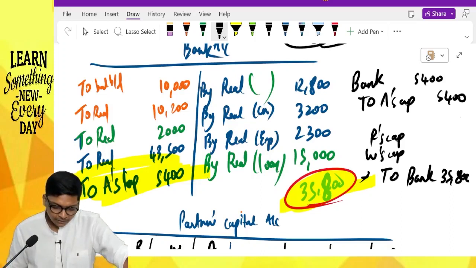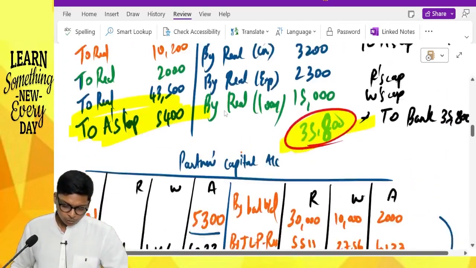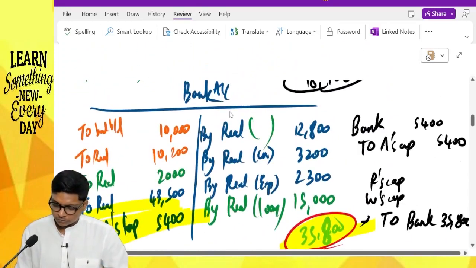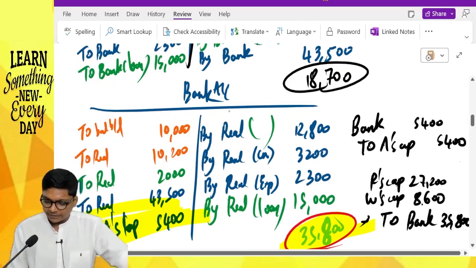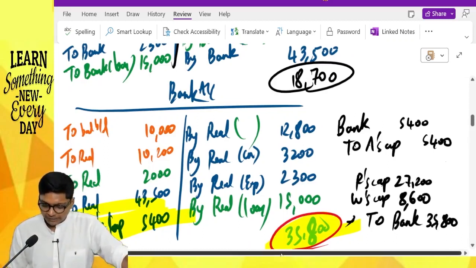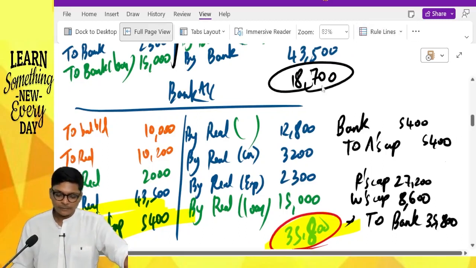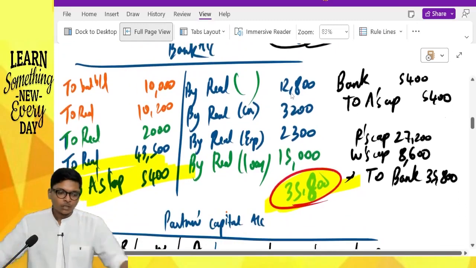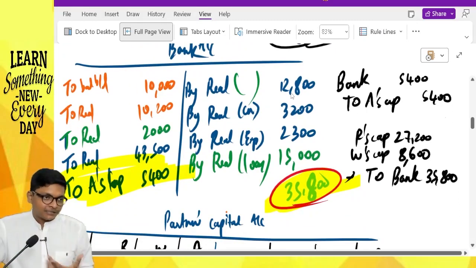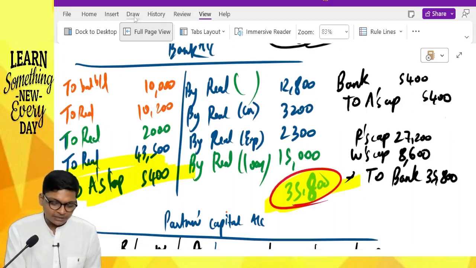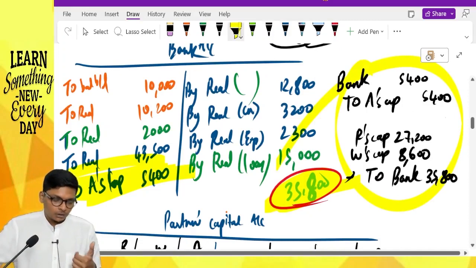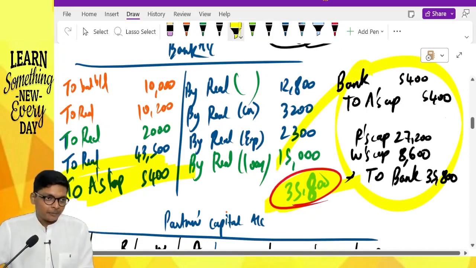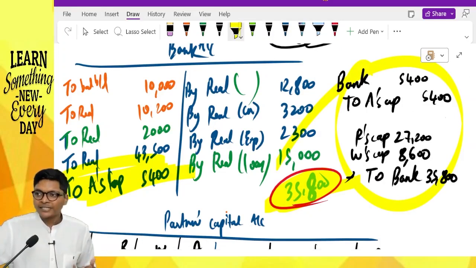This is 27,200 and 8,600. Correct? These are the two entries that you will be passing. That's what we did now. This is the final closure in the sum. Got it, guys? A is bringing in capital money. R and W are getting paid.